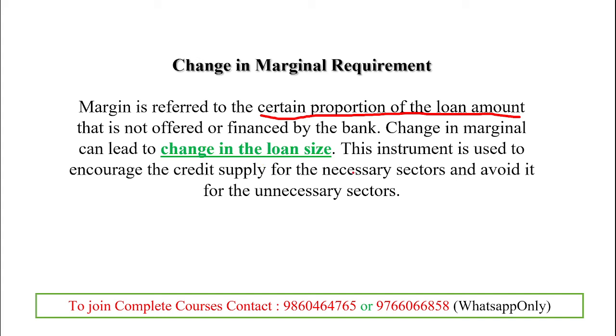You get it? This instrument is used to encourage credit supply for the necessary sectors and avoid it for the unnecessary sectors. This term is really important here because the banks all know about necessary sectors, but they did not mind about the unnecessary sectors, so it will create more NPAs.